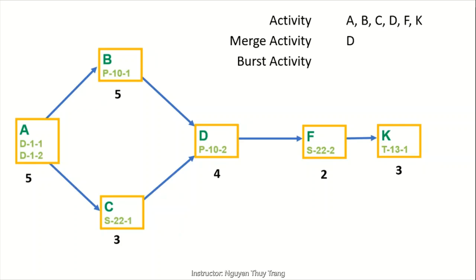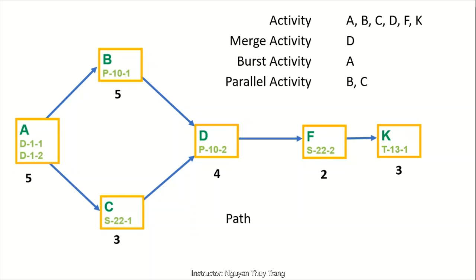So, in this case, A is the burst activity. Parallel or concurrent activities can take place at the same time if the manager wishes. However, he or she may choose to have them not occur simultaneously. So here, in this figure, parallel activities are B and C.